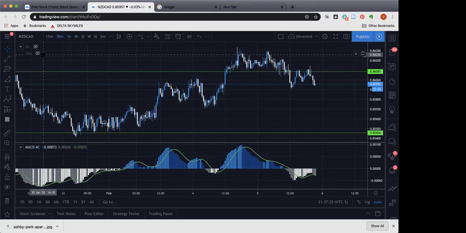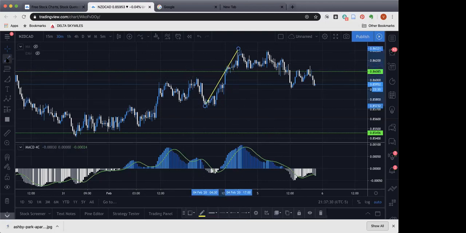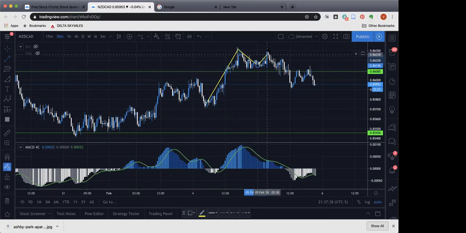Nice little double top right here. Right there. Nice little impulse right there.